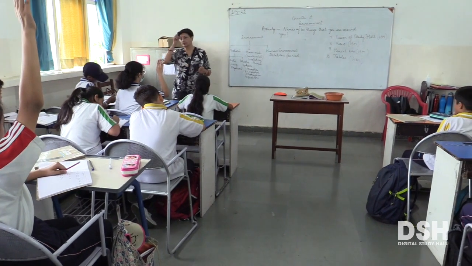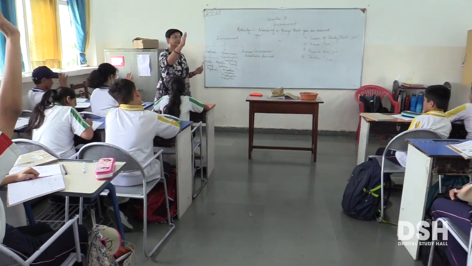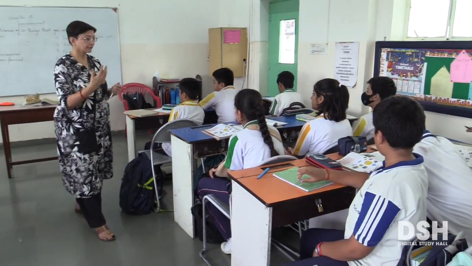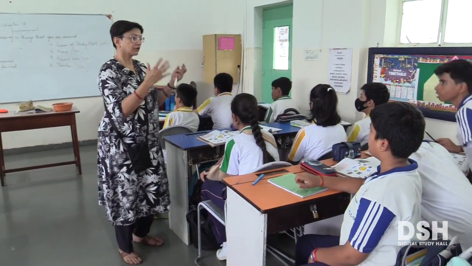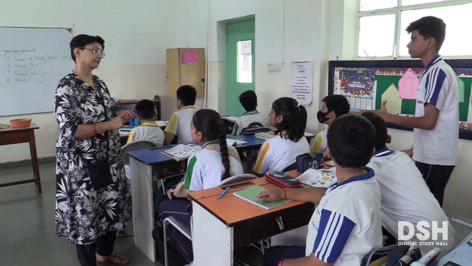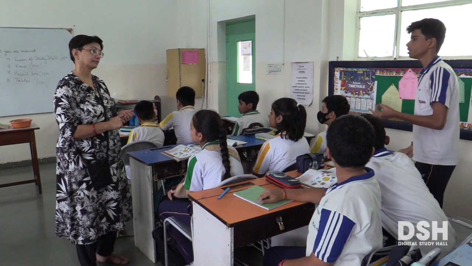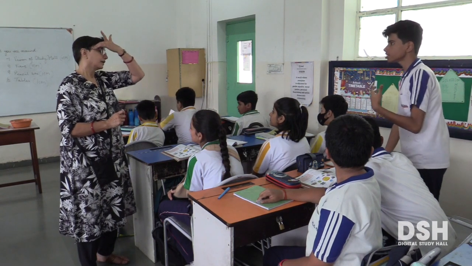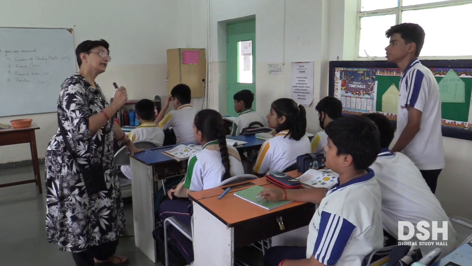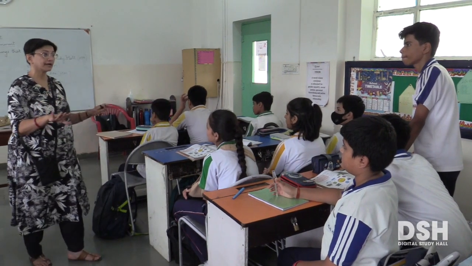Now tell me, what is atmosphere? Shubh, can you tell me, beta, what will you define atmosphere? What all is present? The atmosphere is a gaseous layer of Earth. Okay. Beta, now relate it to environment.